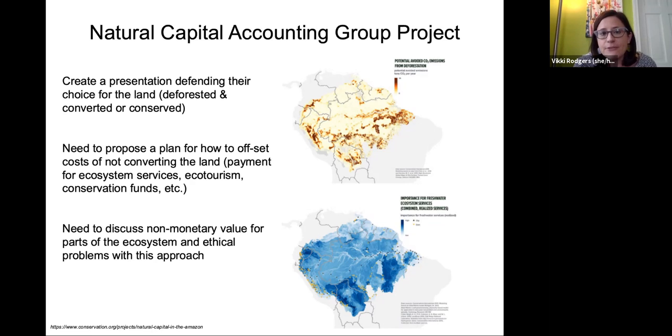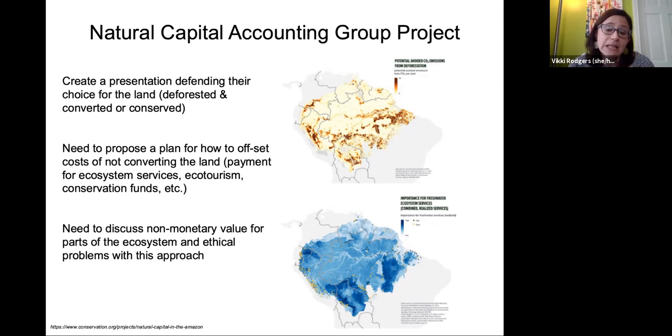And they put together a presentation, a group presentation, where they need to defend their choice for the land, whether it should be deforested and converted over to whatever their driver for deforestation is, or if it should be conserved.